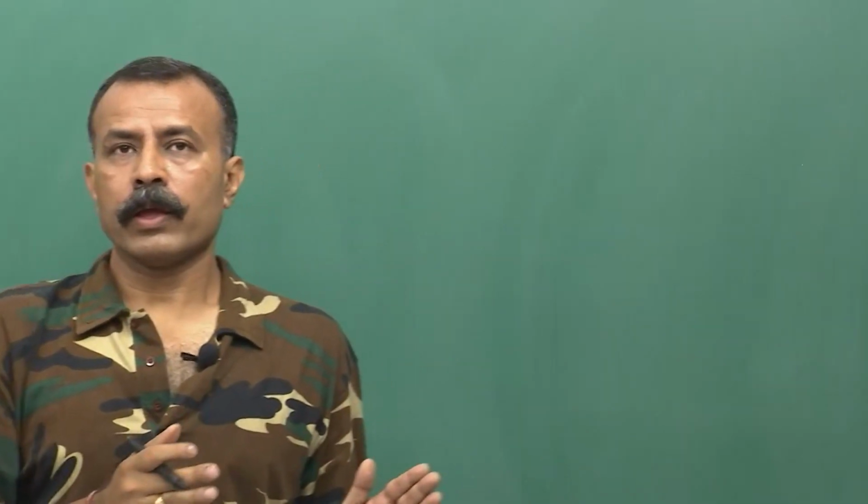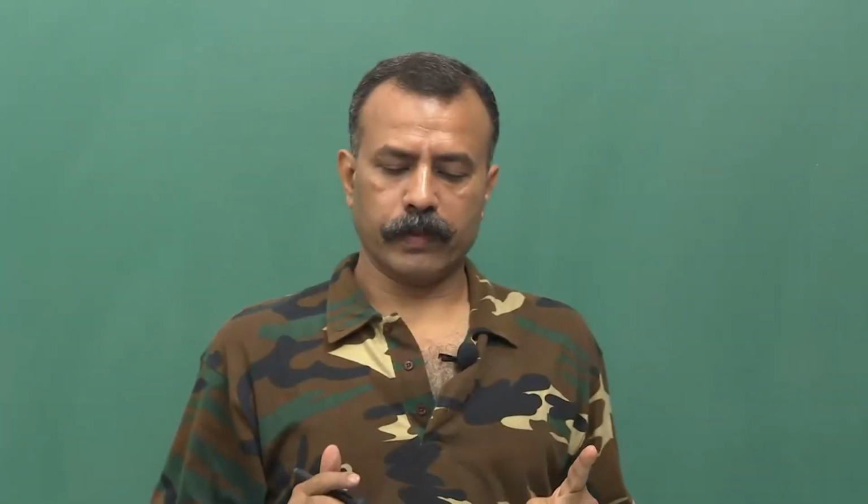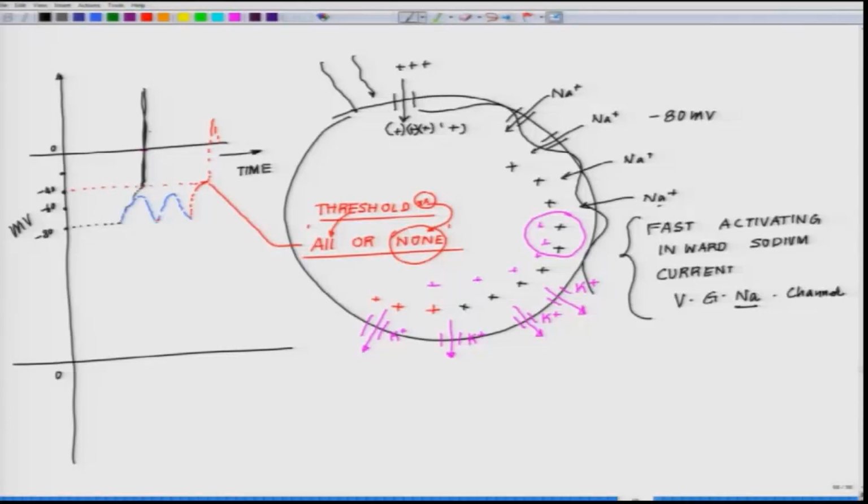Okay. Contrary to it, if you see the slope of its coming down, it is much slower, and that coming down is because of this outflux of potassium ions.